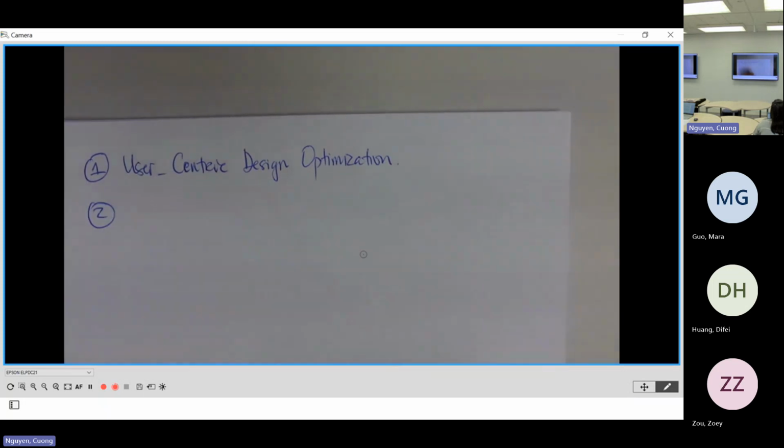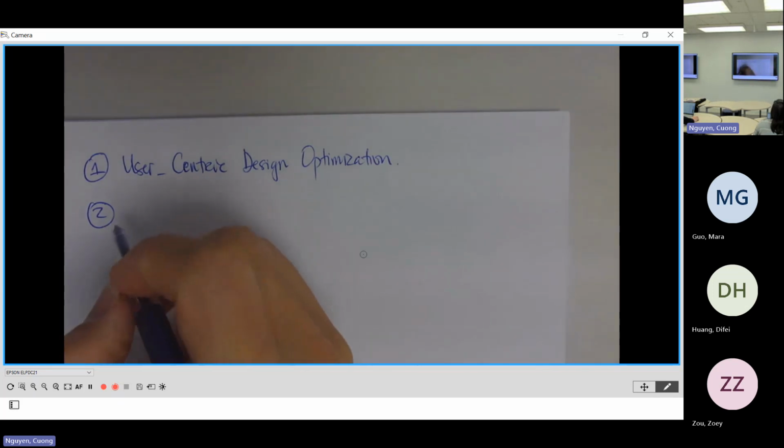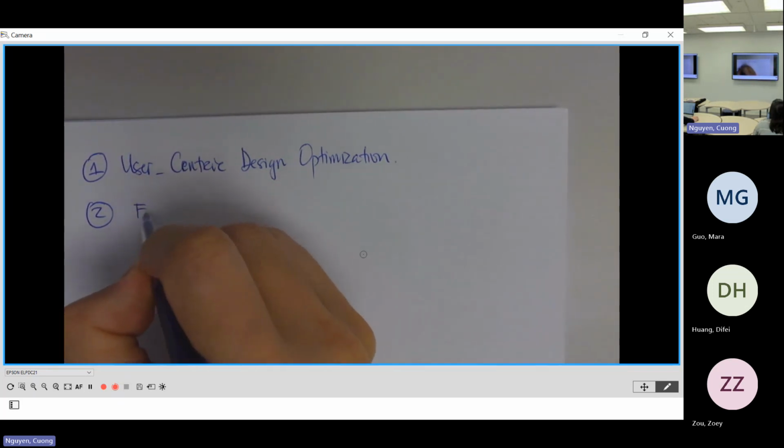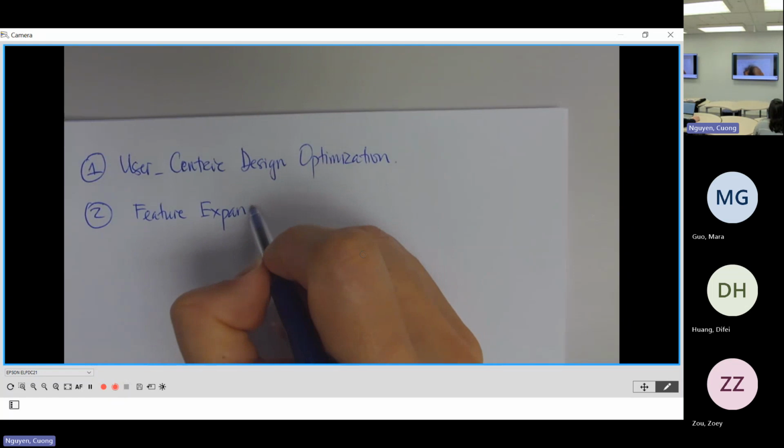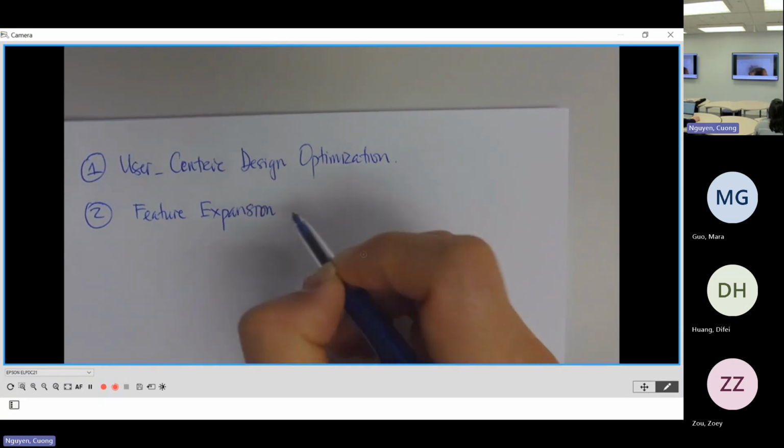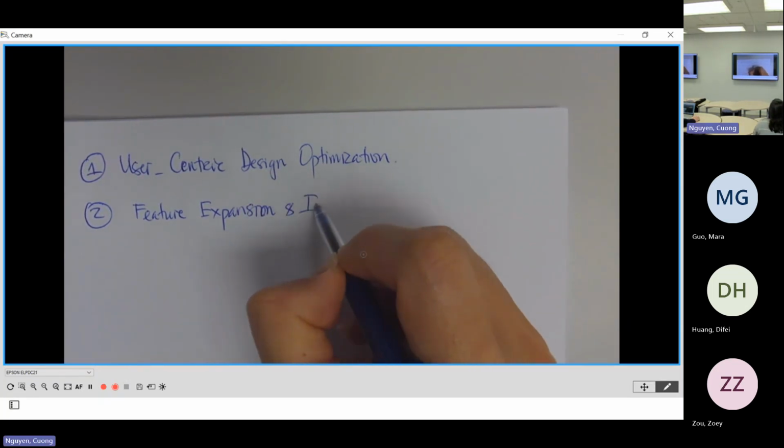The second one, if you want to amplify your current fintech product, relates to the first one. After identifying the key thing for the new feature, you want to do feature expansion and innovation.